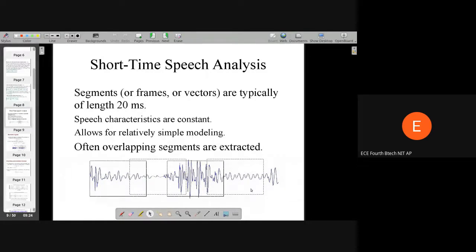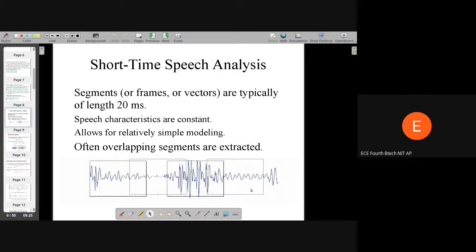We talked about speech being a non-stationary signal. What does that mean? It means that the characteristics of the speech signal vary with time. The Fourier spectrum of the speech signal varies with time. This is why we need short time analysis of speech.